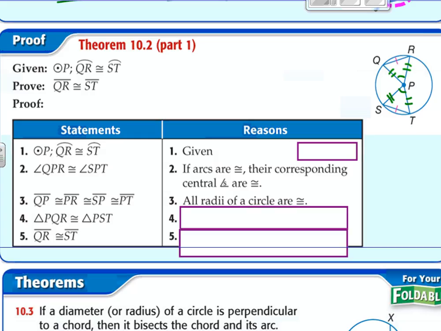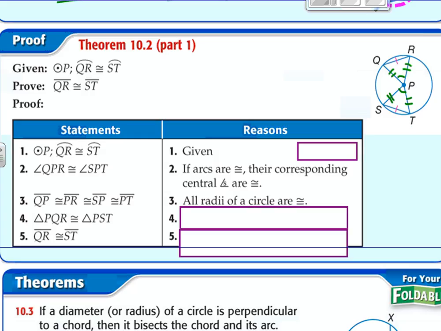Step 4 is triangle PQR is congruent to triangle PST. If you remember, we have methods of doing that. Look at the picture, and when you've picked what grouping of sides and angles you think those two triangles are congruent by, please raise your hand. So these two triangles are congruent.